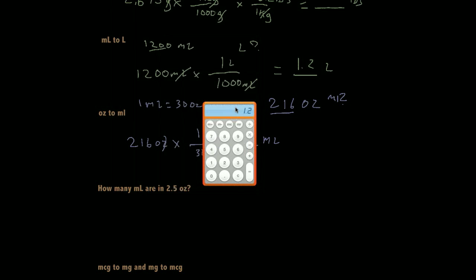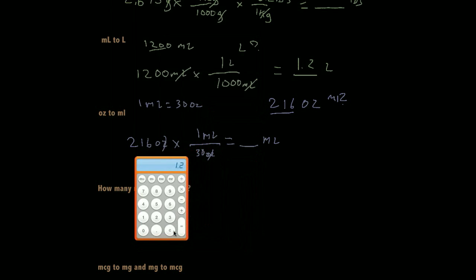So grab your calculator. 216 divided by 30 and I have 7.2. Now, on volumes or on liquids like this, you go out to the hundredths place and round to the tenths place unless the number is less than 1.